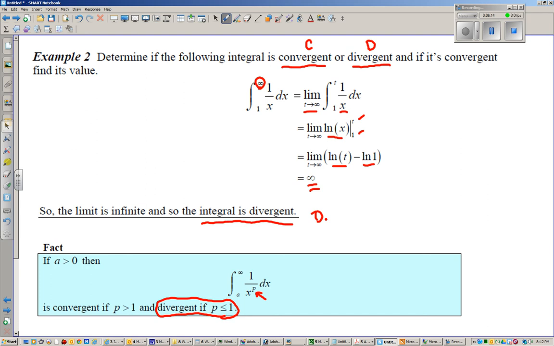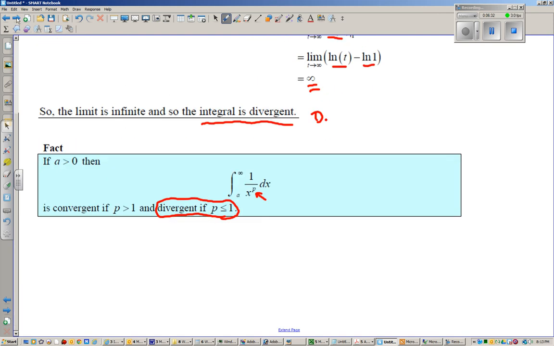But if it's greater than 1, it will converge. And this is a fact that we'll use later in Chapter 8. Can't help myself for bringing it up now.